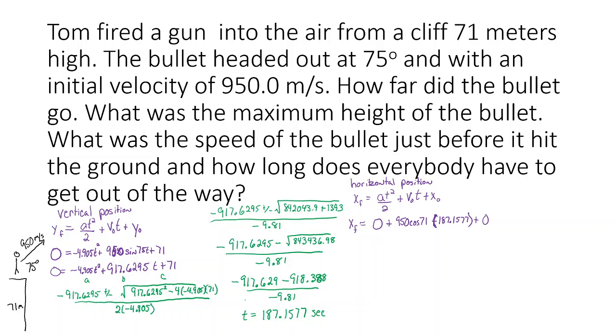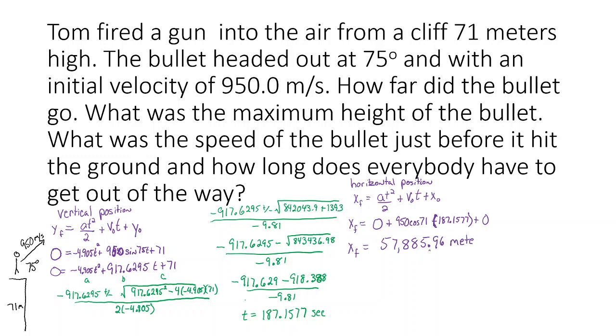We don't have any reference horizontally. So basically we've got to take our 187 and multiply it by 950 times the cosine of 71. Because order of operations says I can do all those together in one step, I will. So x final equals 57,885.96 meters.